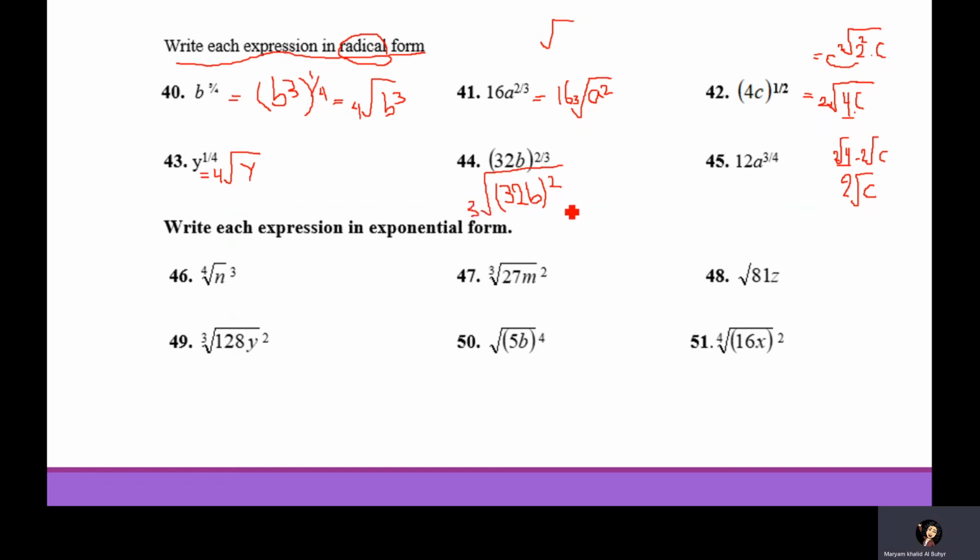Okay, then I need to simplify my work because I have to simplify it. So this 32, what should I do with this 32? It might be multiple of 3, so I can take it outside. But before I do that, let me distribute my power to avoid confusing. So 32 to the power 2, b to the power 2. All this.